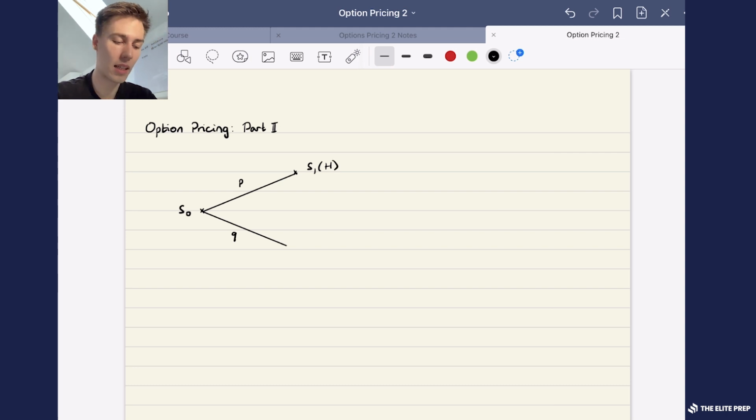And we get S1H, so the price of the stock at time 1 if heads is thrown, to be equal to U S0, and S1T to be equal to D S0.